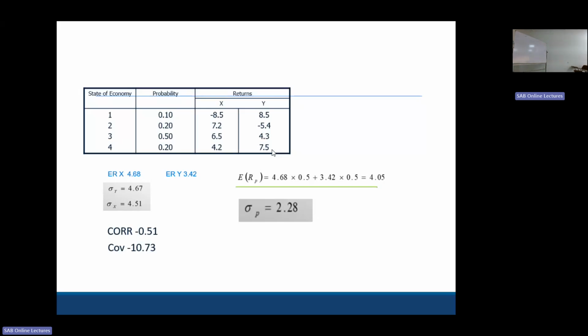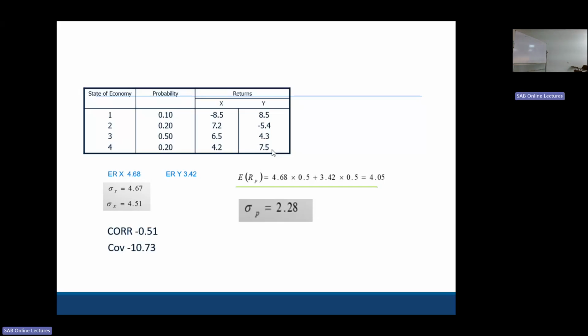If you construct an equally weighted portfolio, 50-50, then your portfolio expected return is 4.05. You can see your portfolio risk, the portfolio standard deviation, has decreased to 2.28.